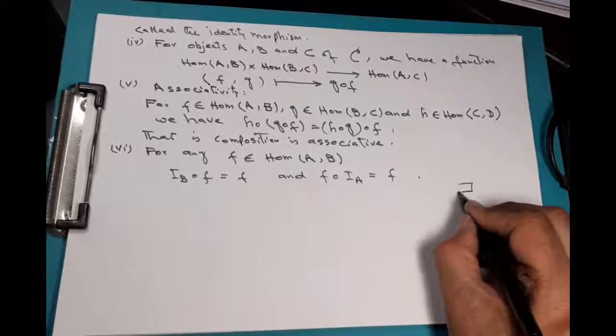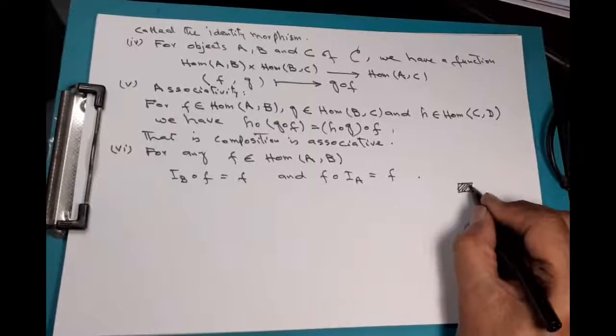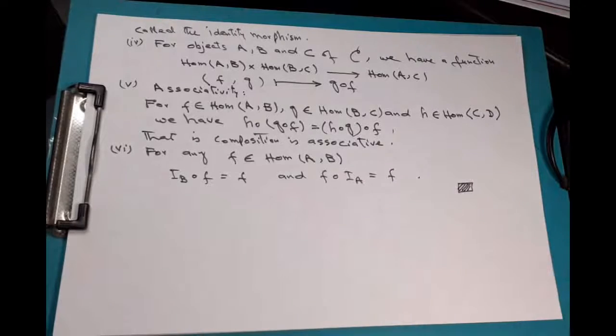So this was the formal definition of a category. Let me repeat it. In a category, first of all, we have a collection of objects.